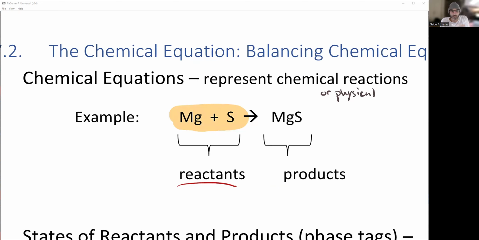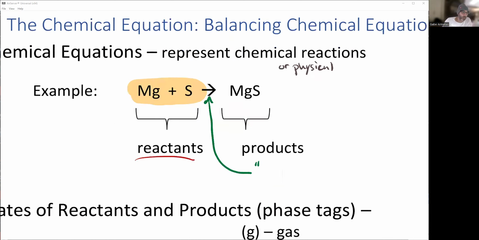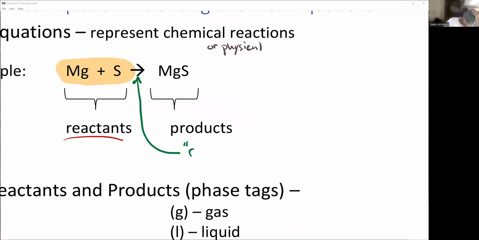are combining to give. The next thing is this little arrow. The arrow is actually pretty important. We don't think about it much because it's just an arrow, but this arrow represents something that says reacts. This is kind of the standard, reacts to give.